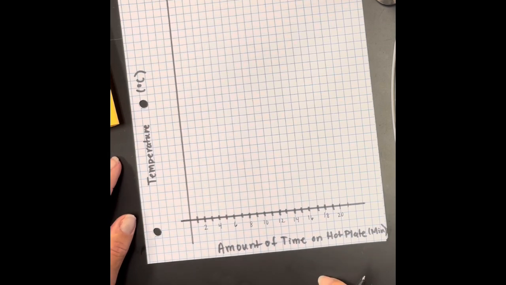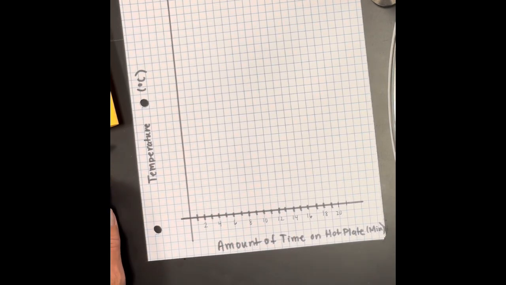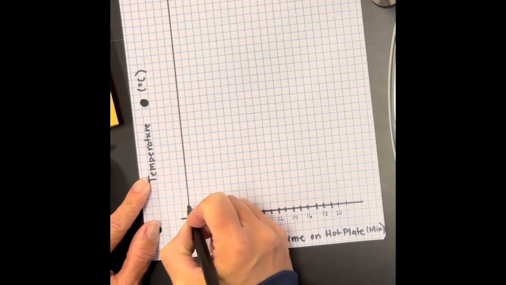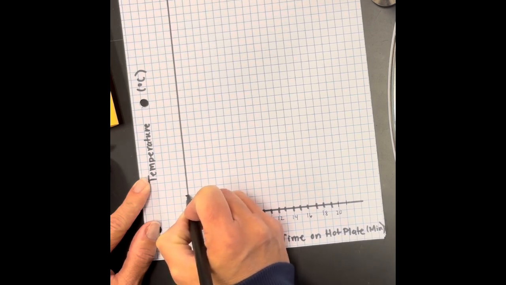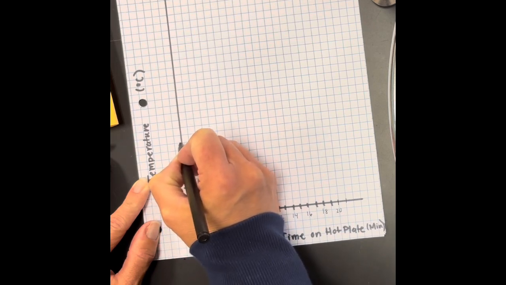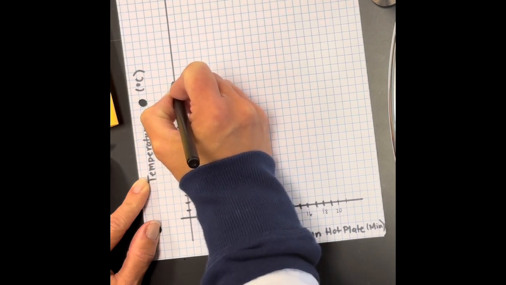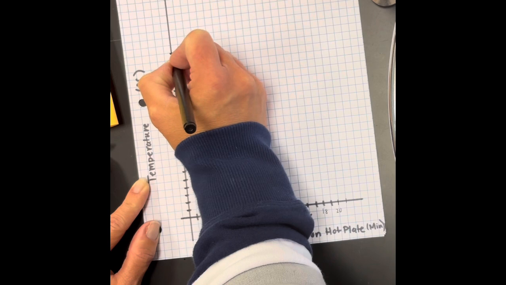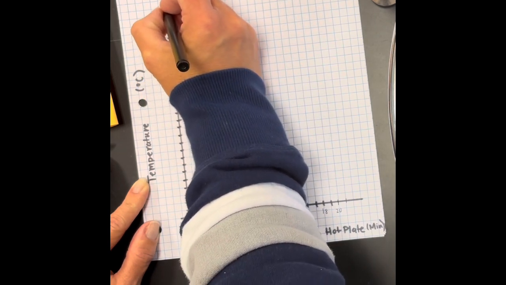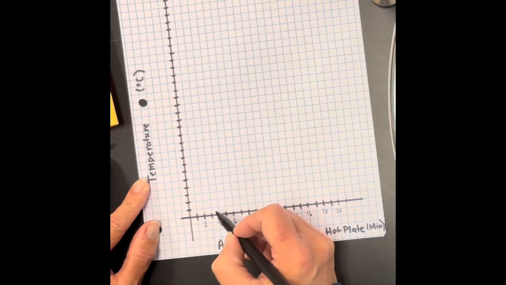All right, now I'm going to do the same thing on my y-axis. Why don't we make every block worth 5? Because then we'll make 5, 10, 15, 20. So we're going to make our lines all the way up. And we're not going to write every number again, we're going to do every other.